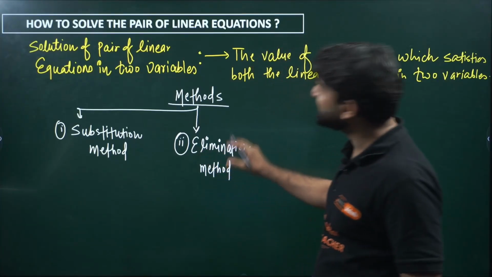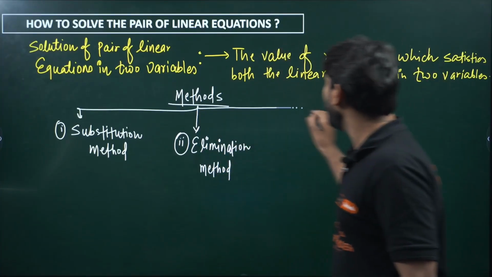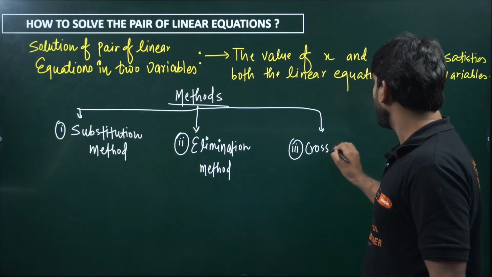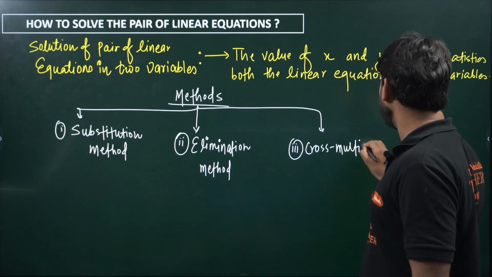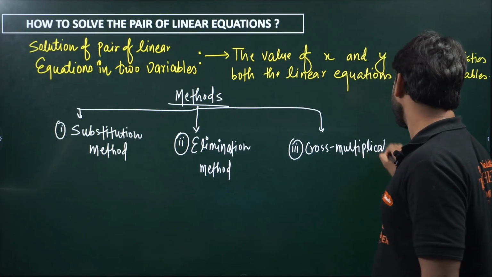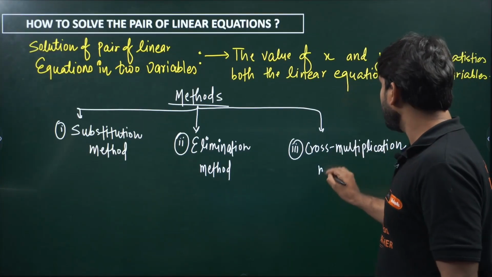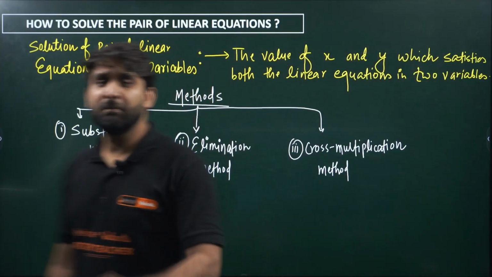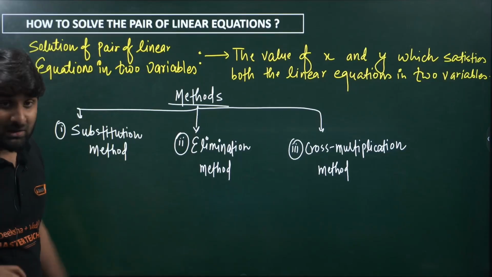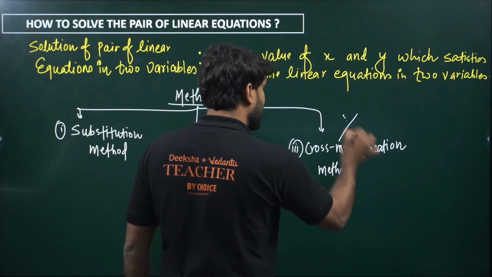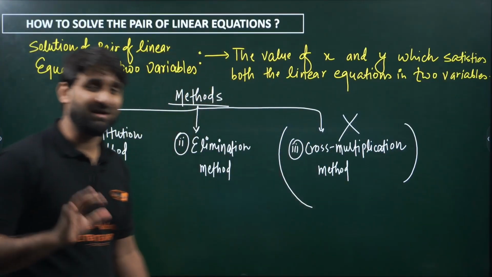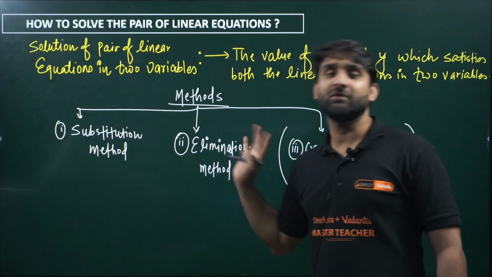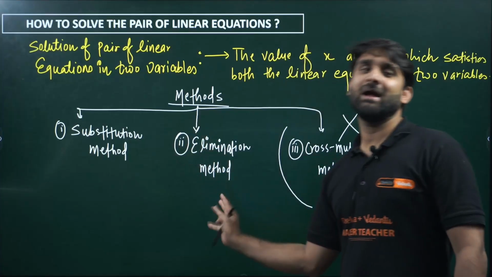The second method is the elimination method. And the third method is the cross multiplication method. So we have three methods to solve a given pair of linear equations in two variables. But let me tell you, my dear champions, this method is excluded from your class 10th syllabus. So you have to study only these two methods, substitution and elimination.